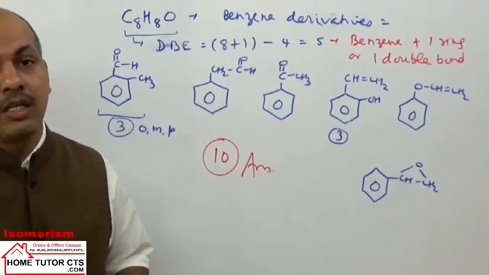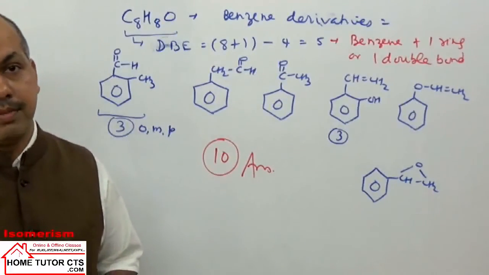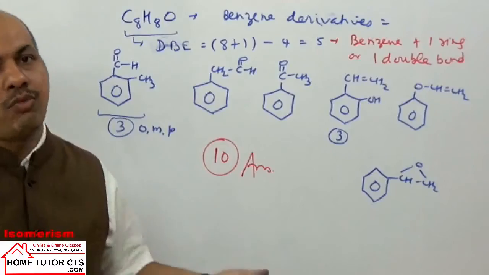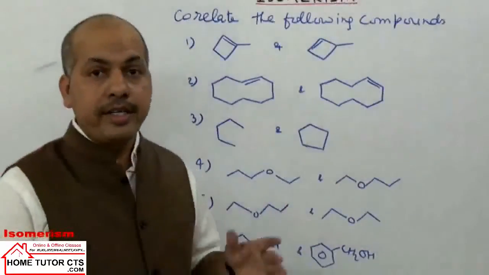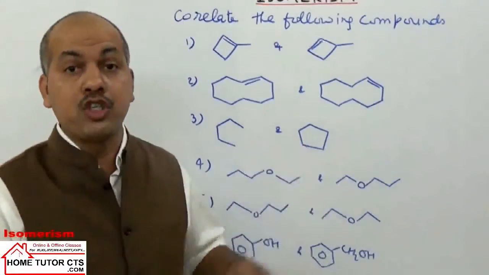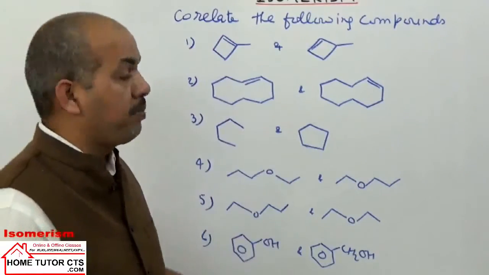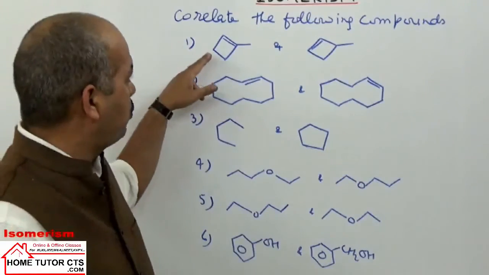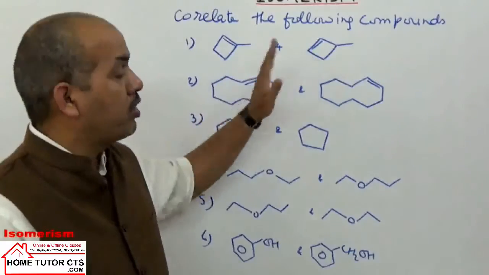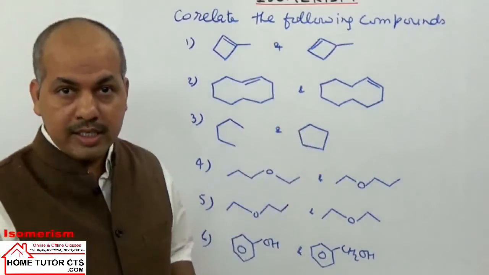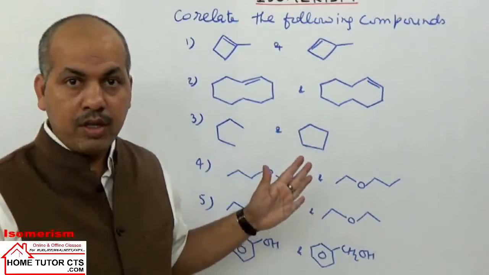Now next we are starting stereoisomerism. In stereoisomerism we will take first conformational, then configurational. Okay. Now let us take a question before we go for the conformation topic. You get an examination question frequently on the relation of the given compounds. Like we are given some compounds. In the two compounds, what is the relation? Are they identical? Are they homologous? Are they isomers?